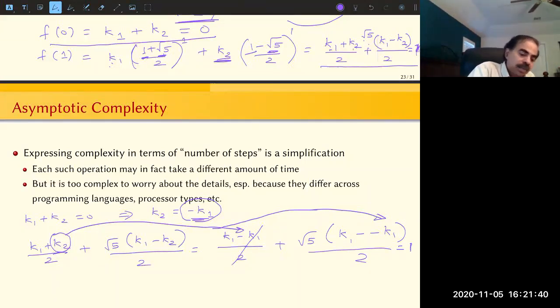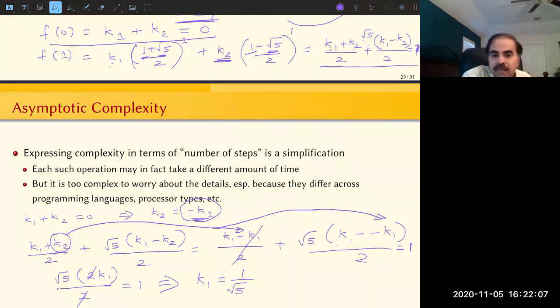And let's do some simplification. So square root 5 into 2k1 by 2 equals 1. So k1 minus k1 is 2k1, and these 2 and that 2 will cancel out, which implies that k1 equals 1 by square root 5.